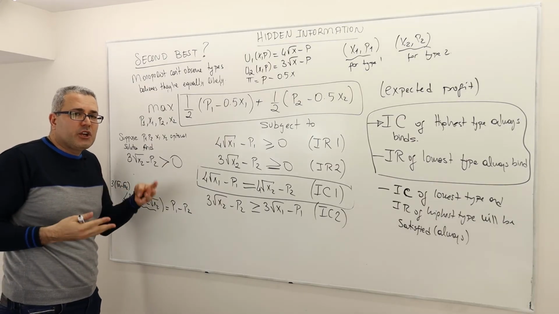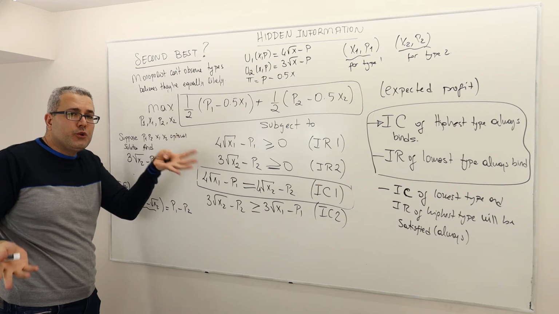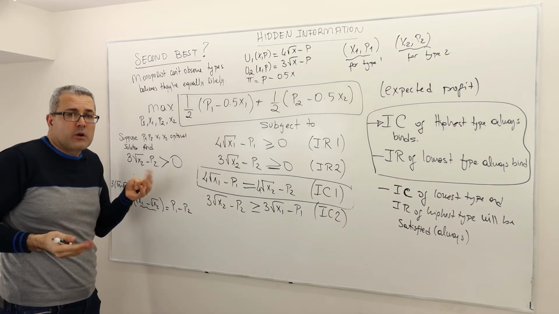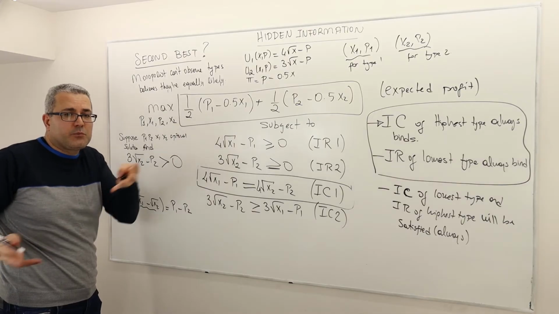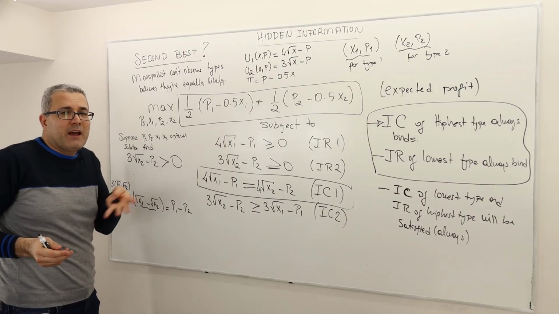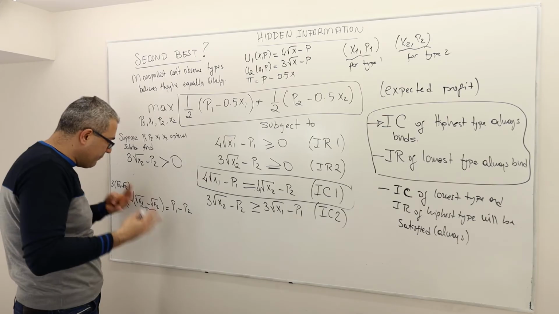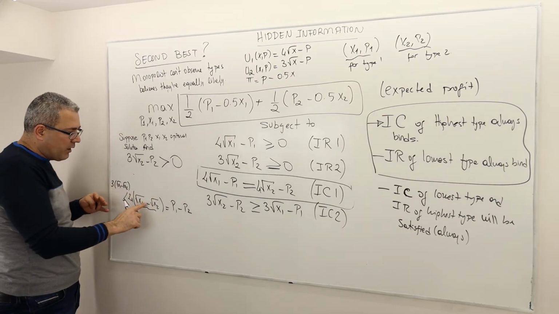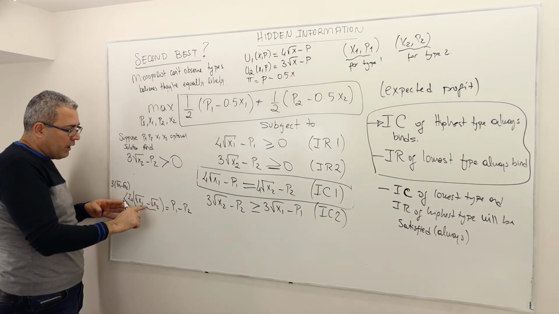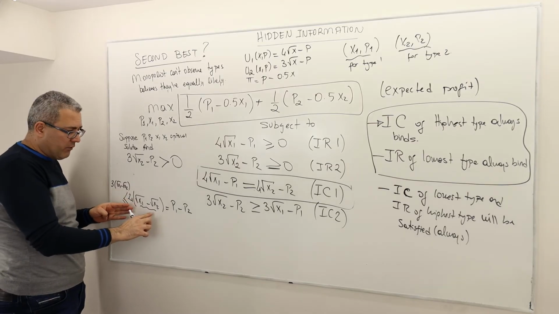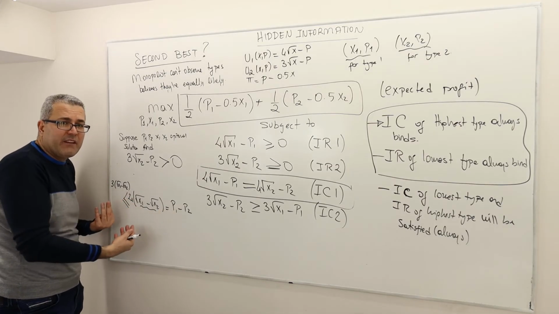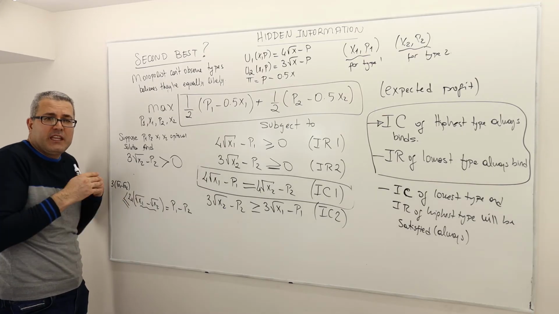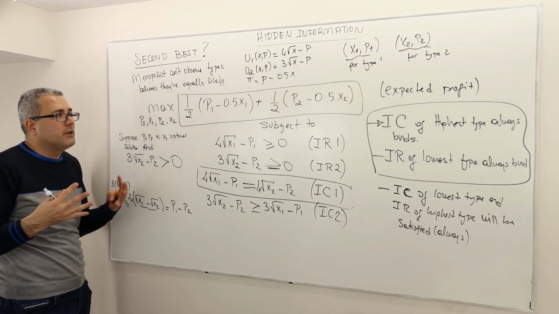You cannot charge the same price to 2 different packages, or charge different prices for the same amount of x1 and x2. So square root of x1 minus square root of x2 will never be 0. This is either positive or negative, but never 0. They can't be. This can't be optimal, all right?